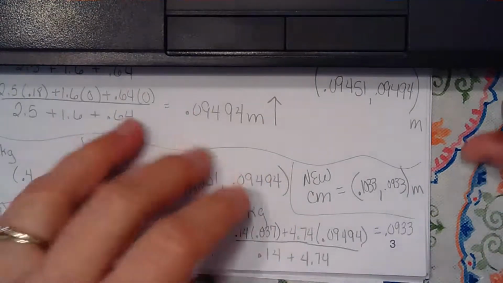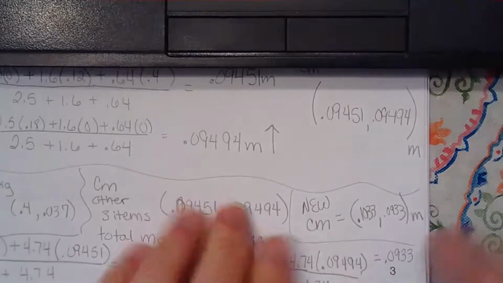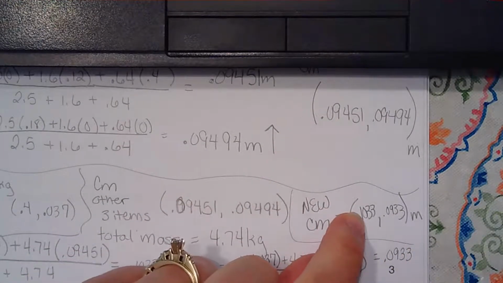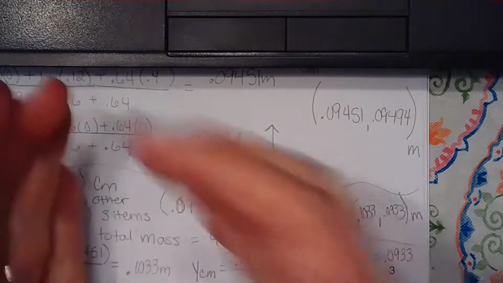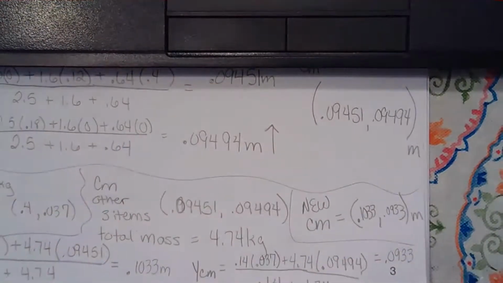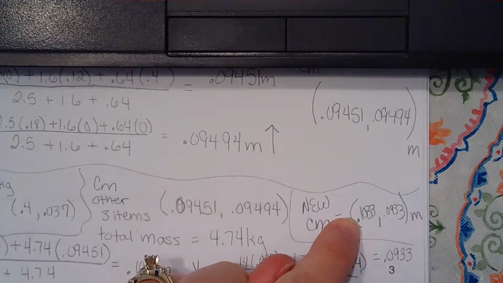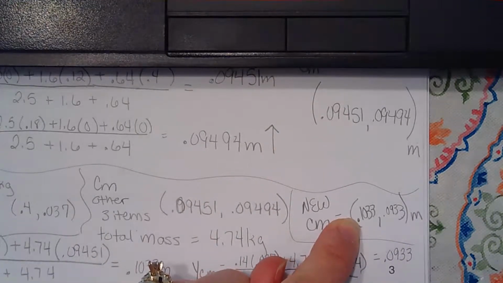Now, if you compare that to the old center of mass, notice that the x's are very close to each other. What do you guys think? Will the ball pull the whole system to the left or to the right? Since it's adding mass to the right of the system, it is going to pull the center of mass to the right. That is why our new center of mass is farther to the right.